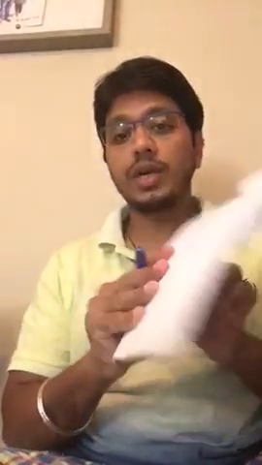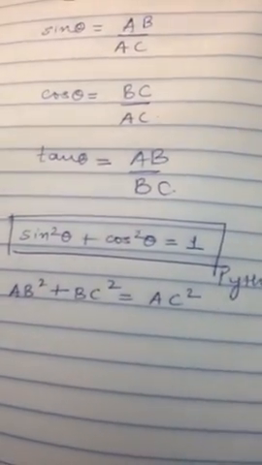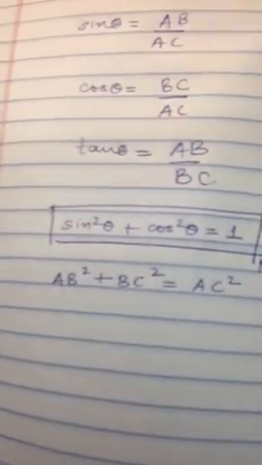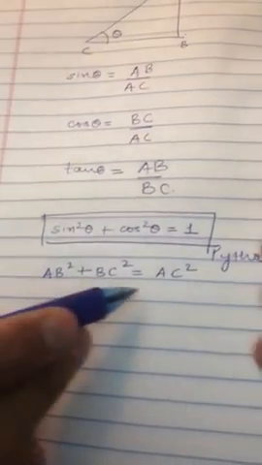In order to achieve the first identity, sine square theta plus cos square theta is equal to 1, what I'll do in this equation is divide both sides by AC square.